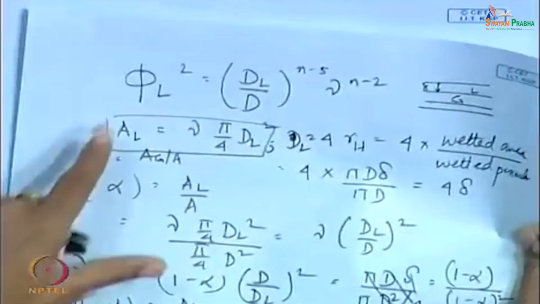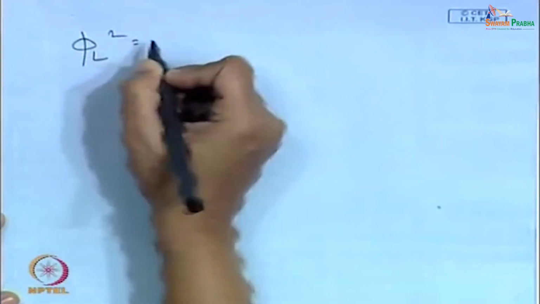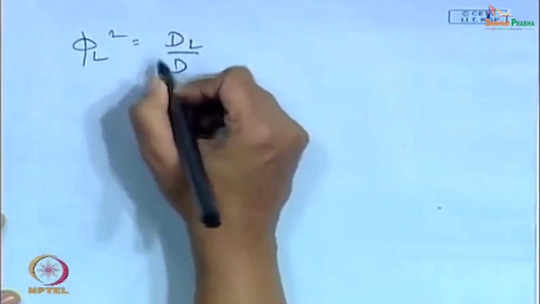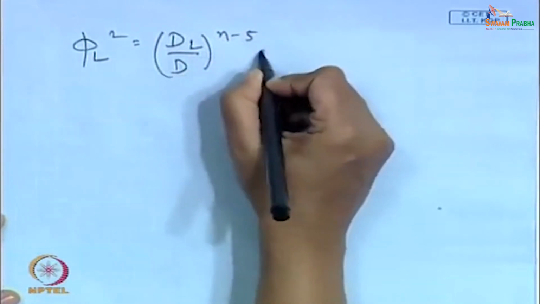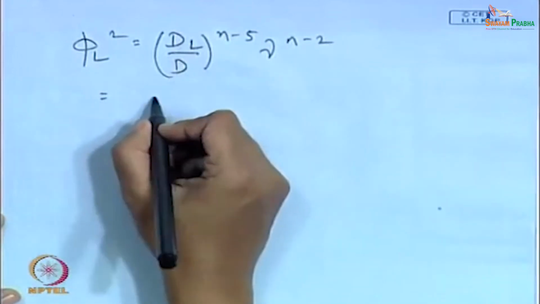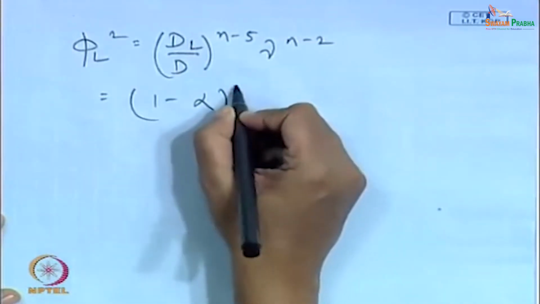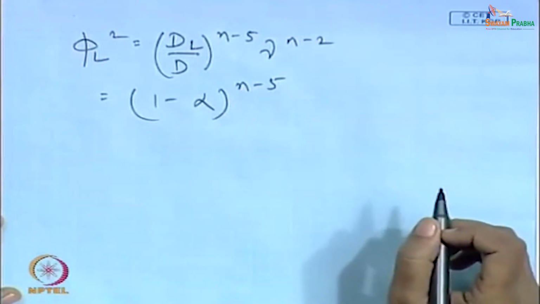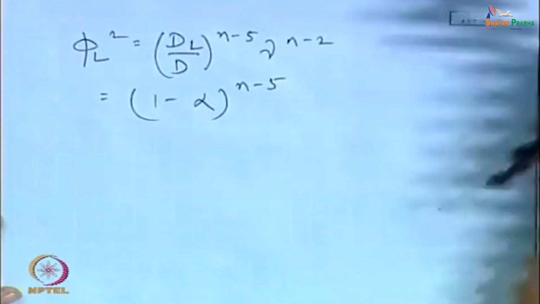From here I get this phi_L square. I will write it down once more. This is (d_L by d) whole to the power n minus 5, times gamma to the power n minus 2. What is d_L by d? It is nothing but (1 minus alpha) whole to the power n minus 5, yes or no? Fine. And what is gamma?